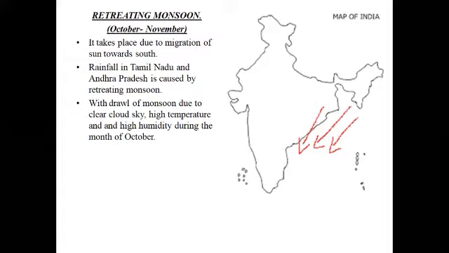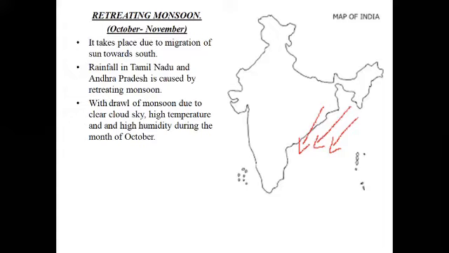Now this process of the retreating monsoon starts in the month of October and continues to November. When the retreating monsoon comes towards the water bodies, the first land surface that it strikes is the coastal areas of Andhra Pradesh and Tamil Nadu, and it causes heavy rainfall over this area.